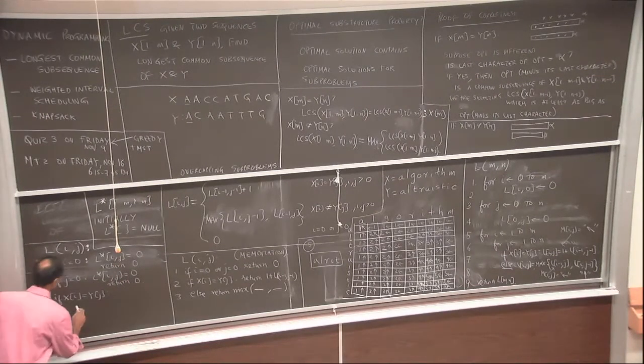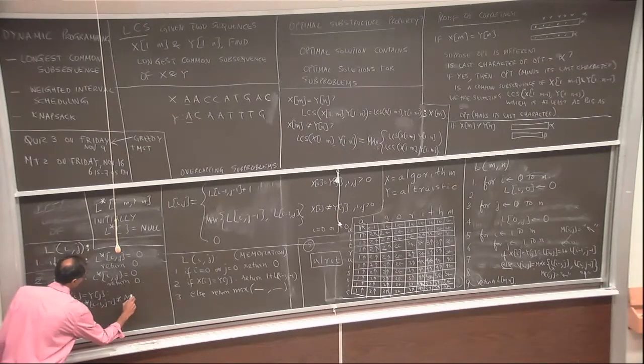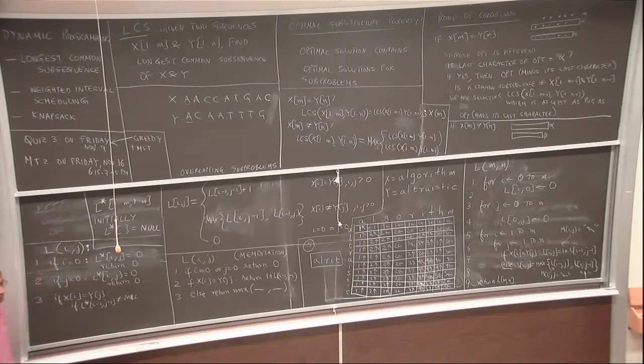If L star (i-1, j-1) is not equal to null, then you go ahead and use the value already there.